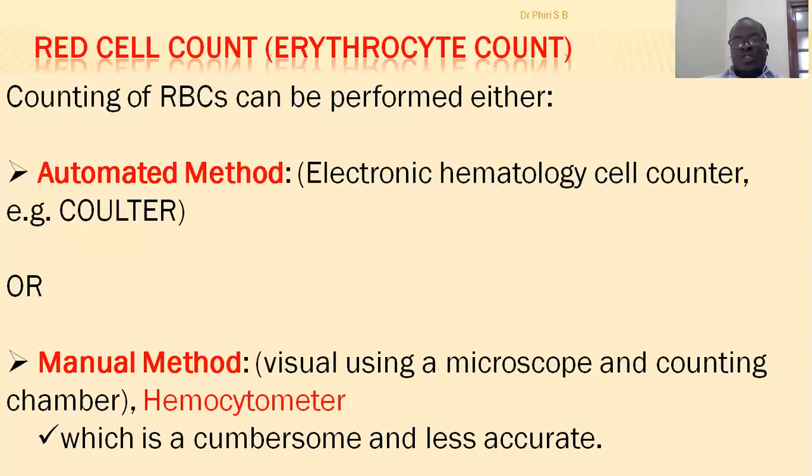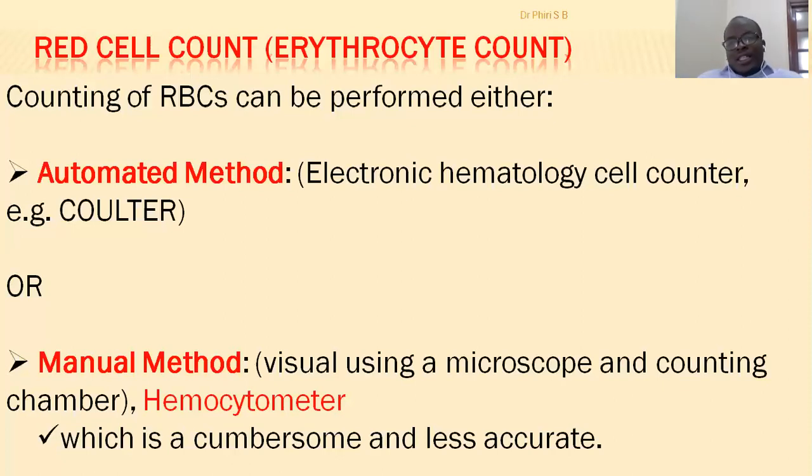But as a medical student, you need to understand the manual method, because this is hands-on so that you appreciate how it's done. In as much as we have these automated machines that can count red blood cells for us, we will emphasize that you familiarize yourself with the manual method of counting red blood cells.